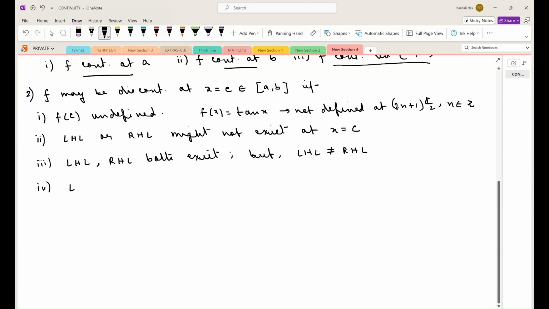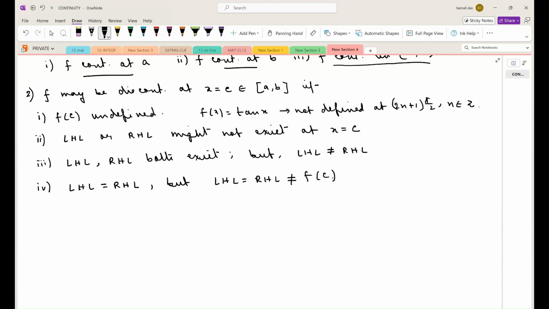Fourth, suppose LHL equals RHL, that is, they exist and they're equal, but they are not equal to the functional value. Then also it will become discontinuous. So these are the various conditions under which a function might become discontinuous.